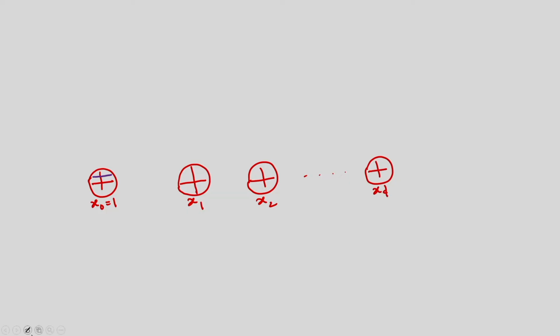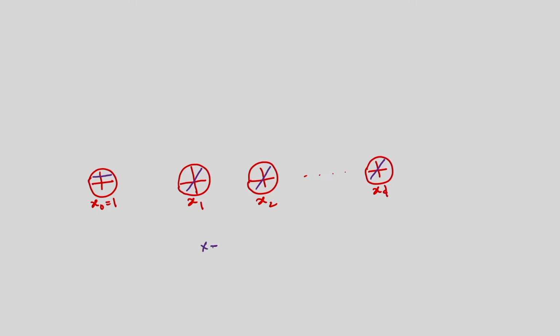Suppose x0 is equal to 1, and we have x1, x2, up to xd, because we are considering the d-dimensional Fisher vector.